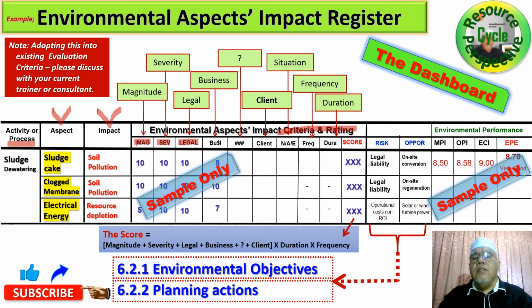And for each aspect, we have got to determine, is there any environmental risk and environmental opportunity? It could be in business terms, but it is giving an impetus to the environment. It's good, environment betterment especially. So in this case, it's legal liability, and what I would do is, we have an opportunity here, on-site conversion into what?